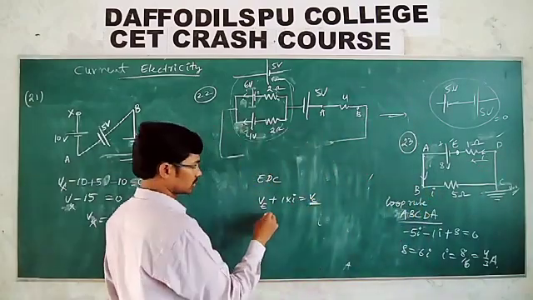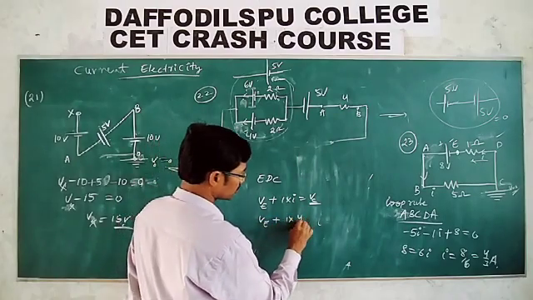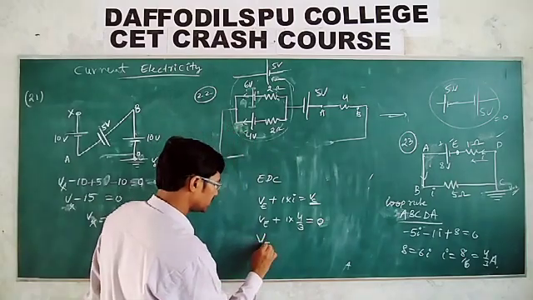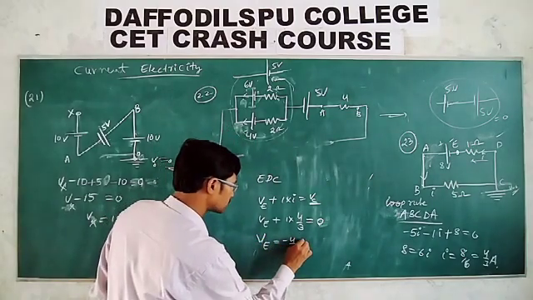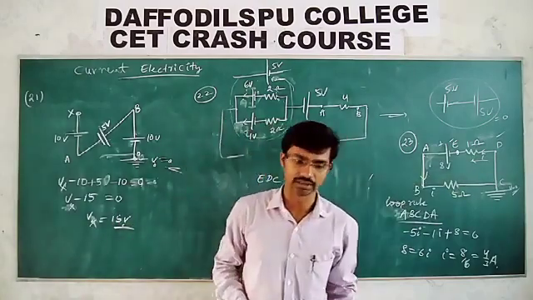VC is 0. Then VE plus 1 into 4 by 3 is equal to 0. Then VE is equal to minus 4 by 3 volt. So E is at negative potential.